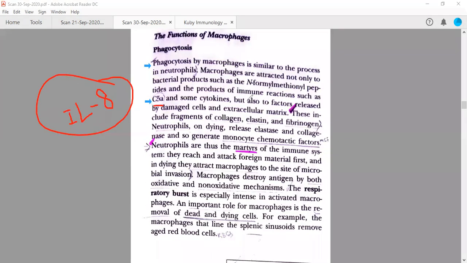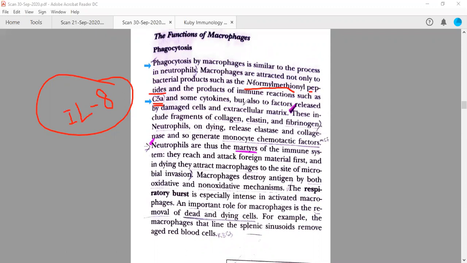Also, we have discussed this in the case of neutrophils. Neutrophils are also attracted by C5a, IL-8 and all these things, for example, N-formyl methionine peptides, which belong to the pathogens or bacteria. But now see the difference.